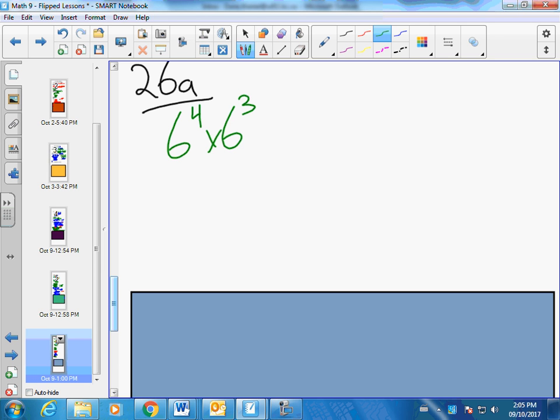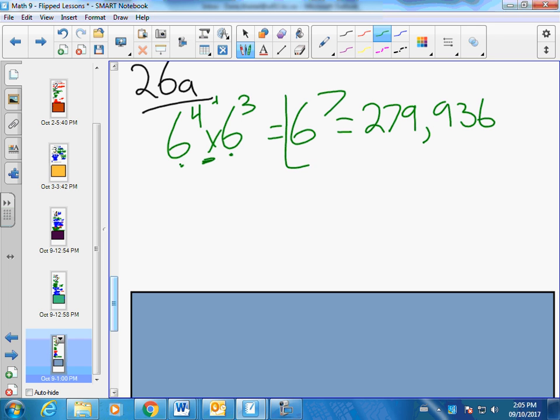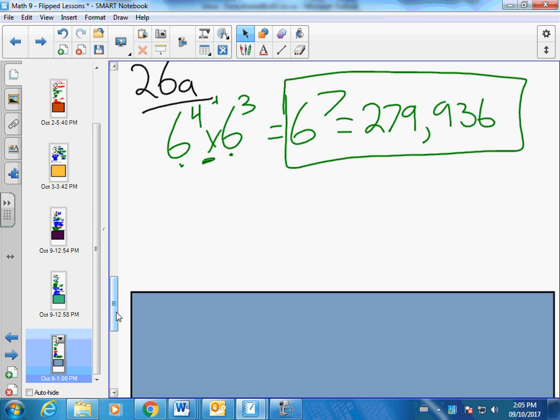Remembering the shortcuts we learned in the last couple of videos, if my bases are the same and I'm multiplying, I can simply add up my exponents. So I get 6 to the power of 7 instead, which equals 279,936. And they're looking for both of those for your answers in question 26.